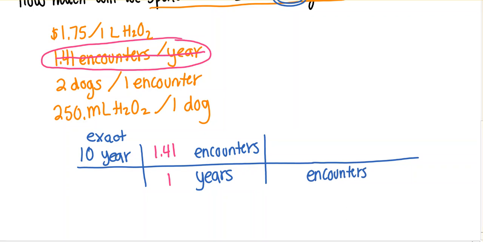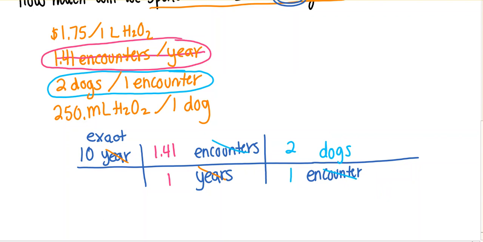I already canceled my years, and now I'm going to try to cancel my encounters. So then I look up above and I see what's left. Do I see encounters? And yes, I do. It's right here. And it gives me a link to dogs. So I'll put dogs on top. And I know that I have 2 dogs per 1 encounter. Very good. And now encounters cancel.